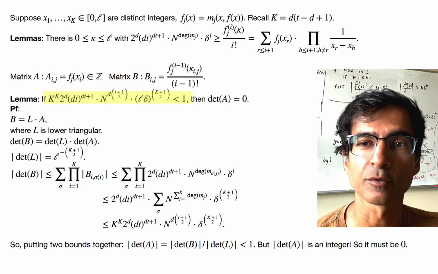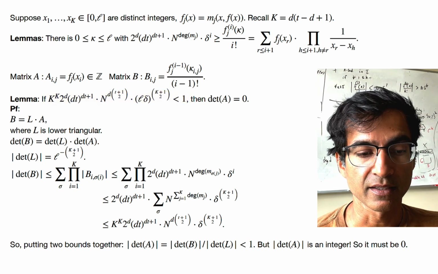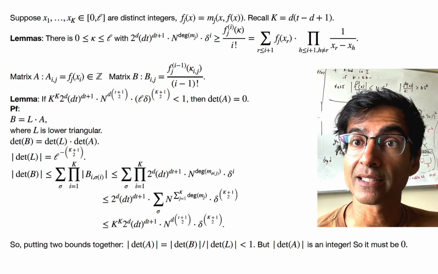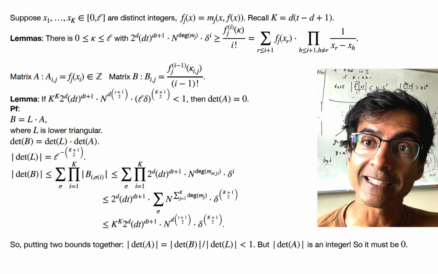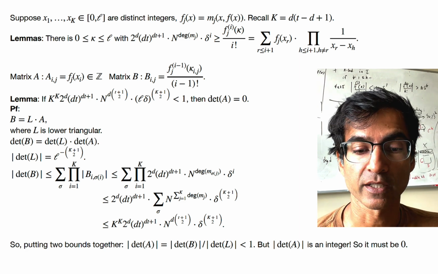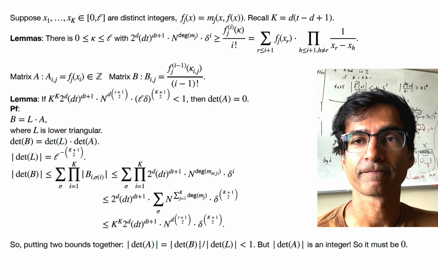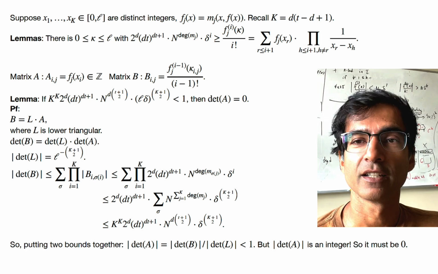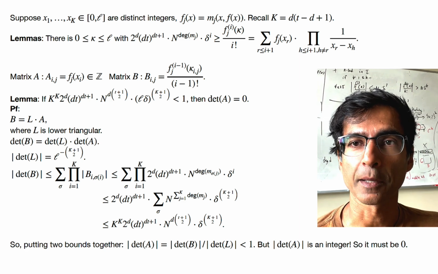Okay, and so that's assumed to be 1. So this number must be less than 1, but this is an integer, and if its magnitude is less than 1, it must be 0. Okay, so it must be 0. So that's the proof of the key lemma.